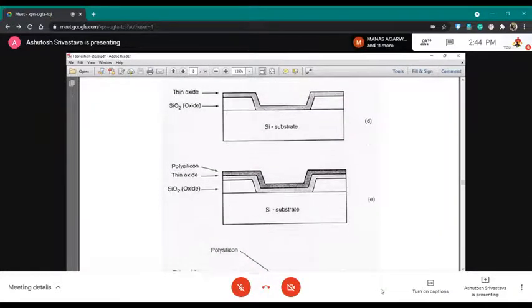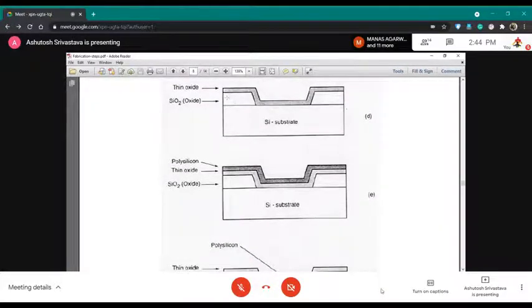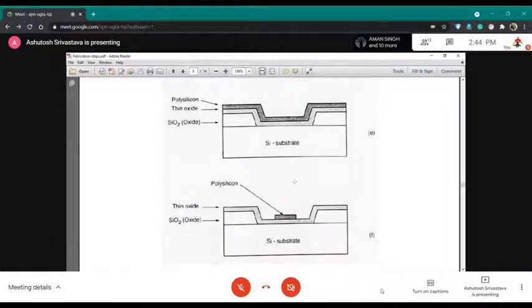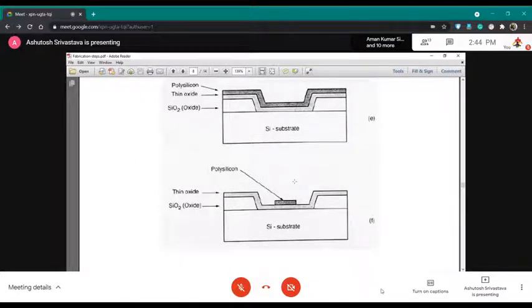Again, you deposit this by some plasma technique, a very thin oxide structure like this, and on the top of that you deposit the polysilicon, which is having the properties of metal on the top of your thin oxide, and then you perform the same sequence of step to get a particular pattern.